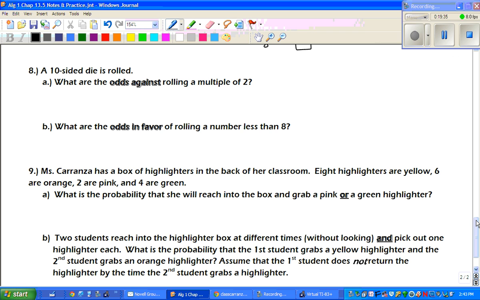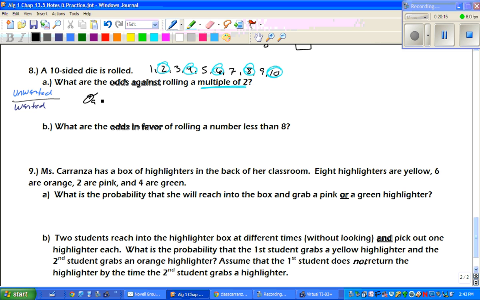All right, some probability. Remember, when we're doing odds against, you want your unwanted over your wanted. If we're talking about a 10-sided die, we're looking for a multiple of 2: 2, 4, 6, 8, 10.